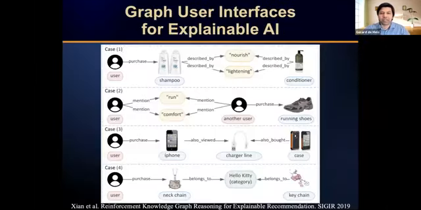And then some other research is actually about taking all kinds of deep learning systems and making them explainable by having new kinds of user interfaces that have graph representations. So we have some approaches where we make recommendation engines explainable, where we make dialogue systems explainable. And so these are also interesting lines of work.